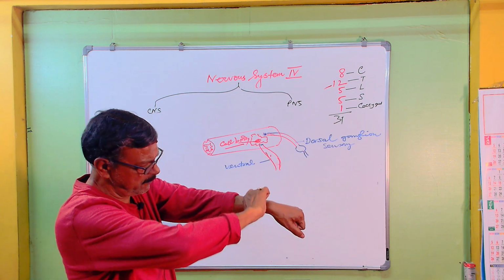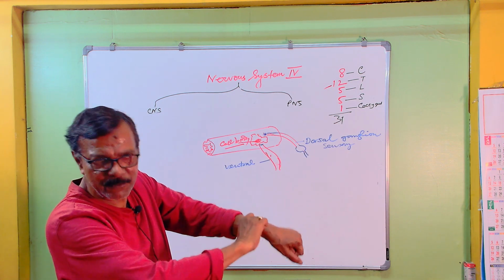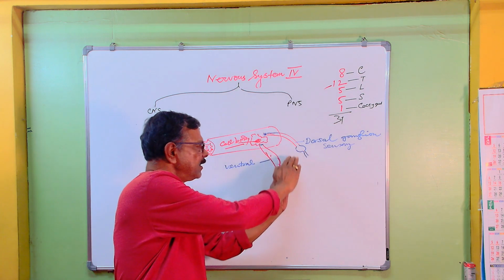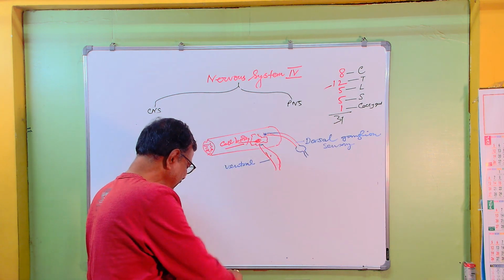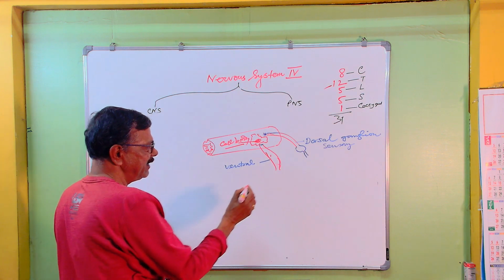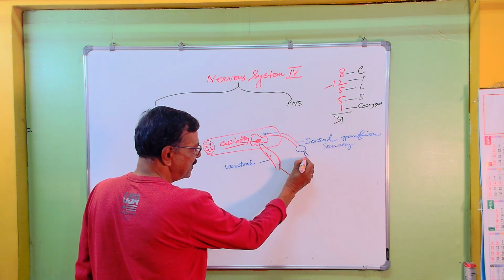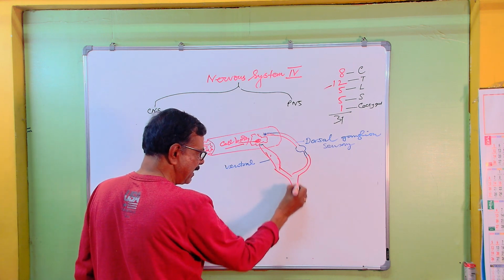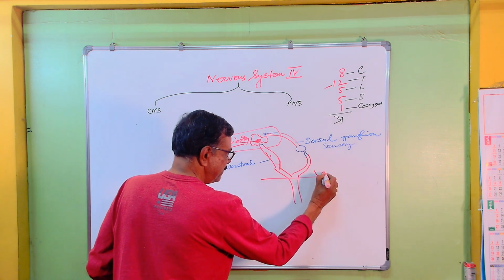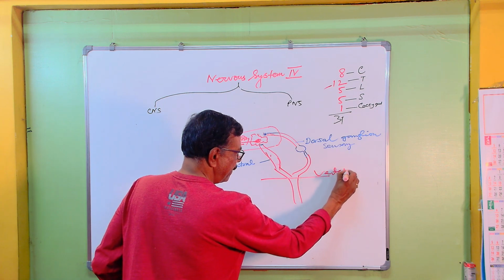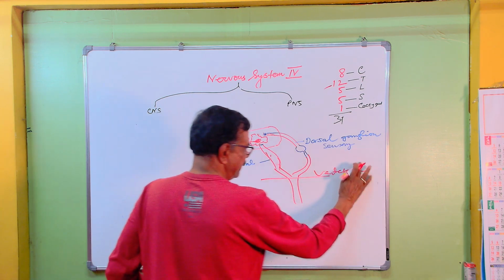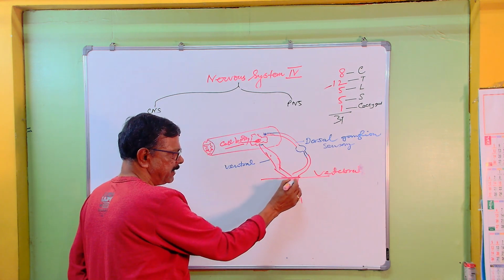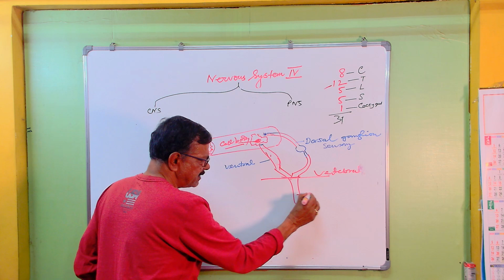If it remains like this, a single root cannot come out, so the two roots join before it leaves the vertebral column. Whenever it comes out from the vertebra, it emerges as a single nerve.